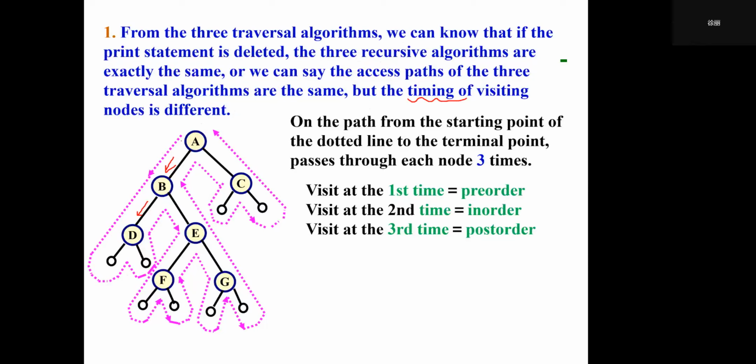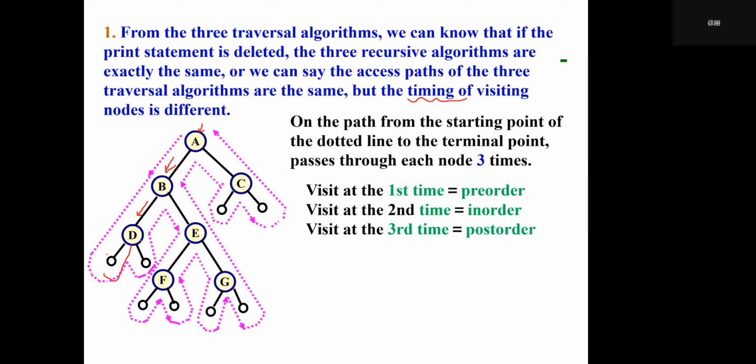And if we traverse this binary tree in post order, the first time we get A, we start from A, we go back to D. We need to go to the right.